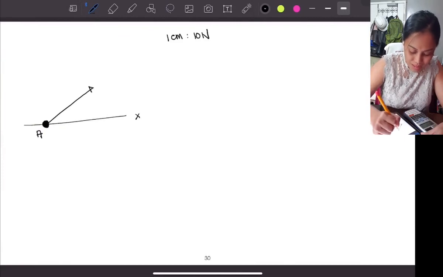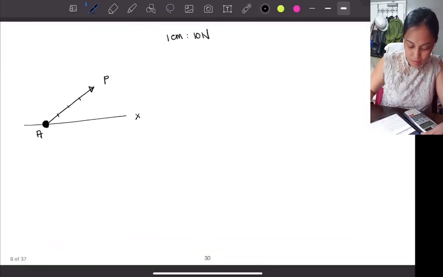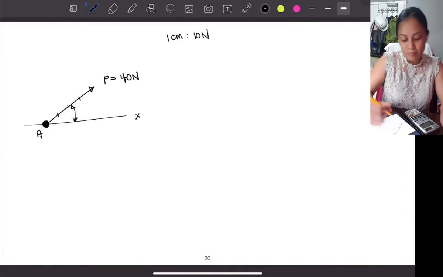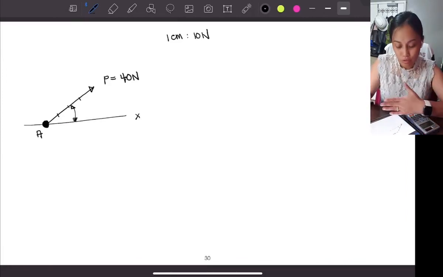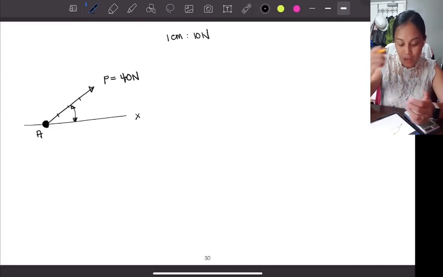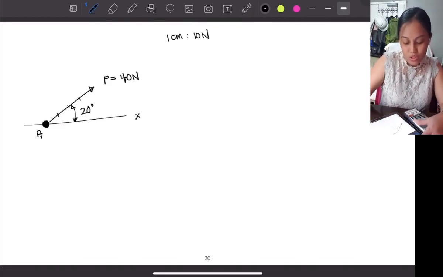Assuming this is 4 cm, this is P equals 40 newtons. You need to measure first the angle of 20 degrees, then sketch the force of 40 newtons. So this is 20 degrees and then 40 newtons.